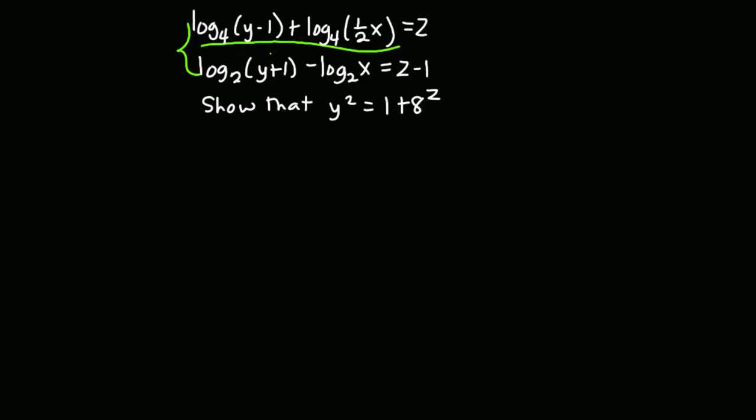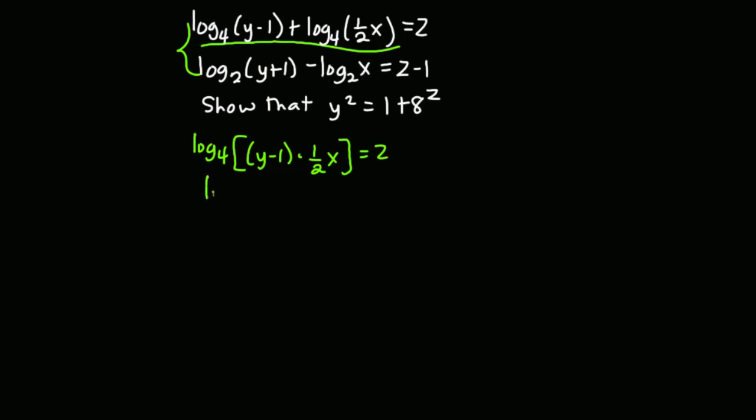So from the property of logarithms, we pick one of the bases and multiply the variables. The first one will give us log of 4, and we have y minus 1 times half of x is equal to z.